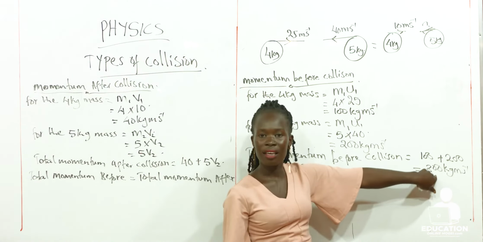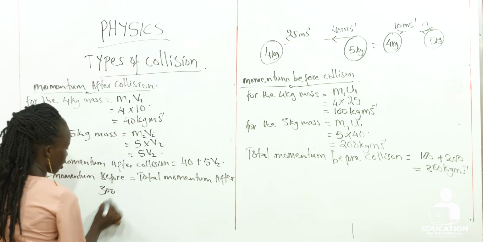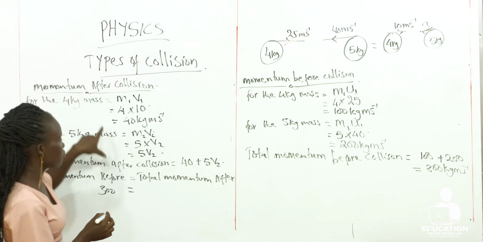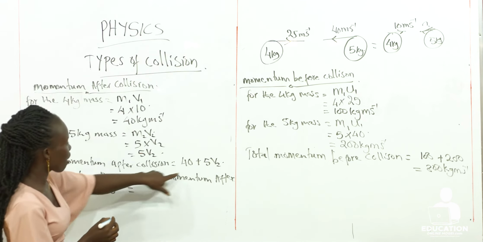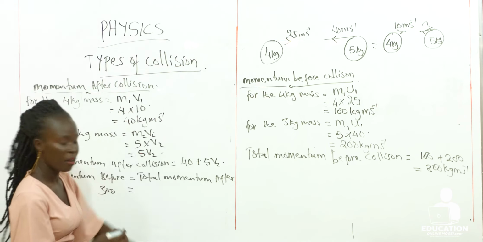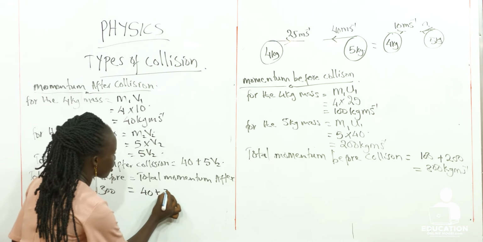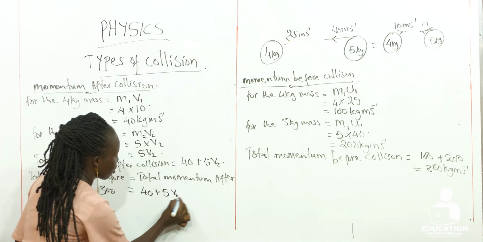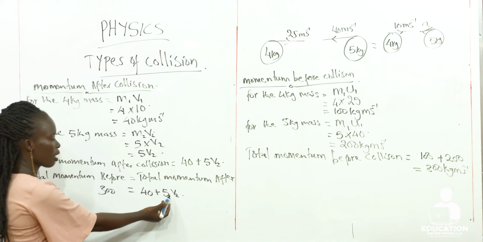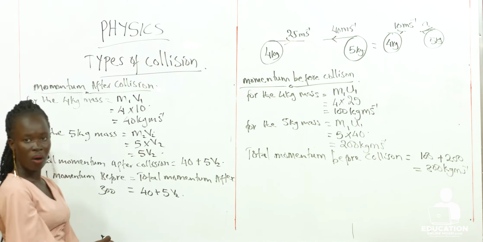We have it as 300. So we shall have here our 300 equaling this other total momentum after the two bodies colliding, 40 plus 5 V2. So what happens? We try to make 5 V2 the subject by subtracting 40 from both sides.